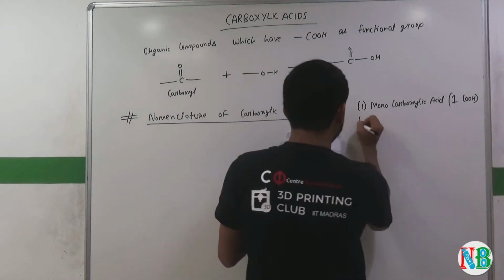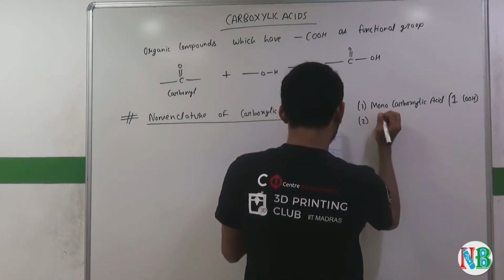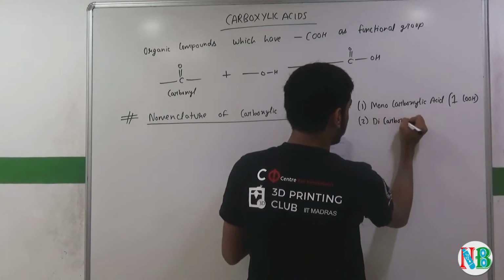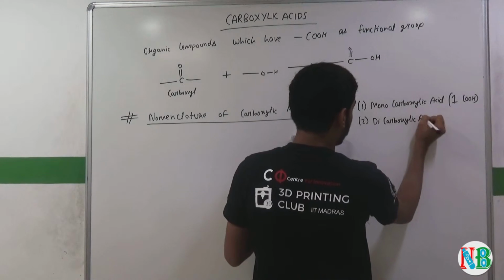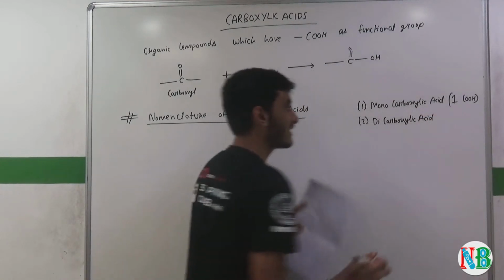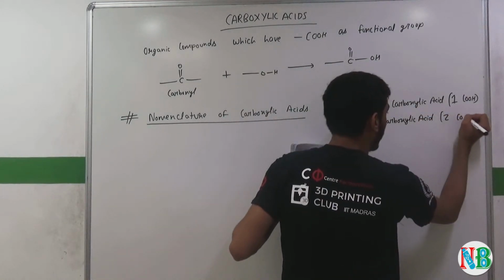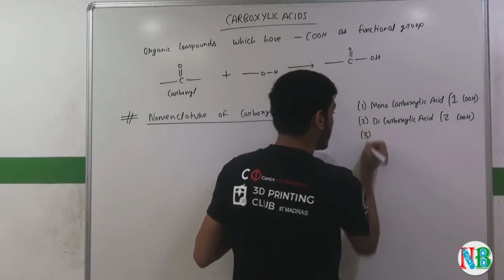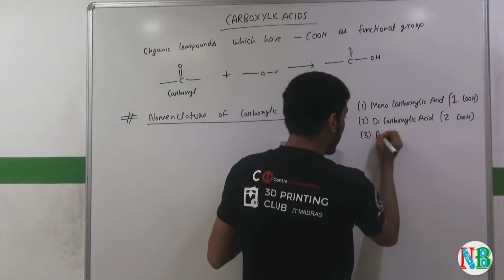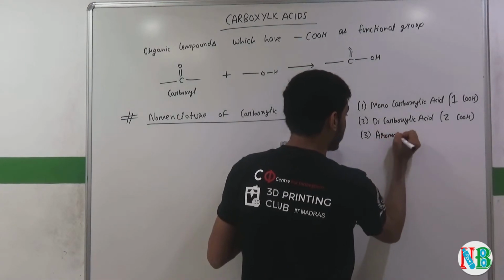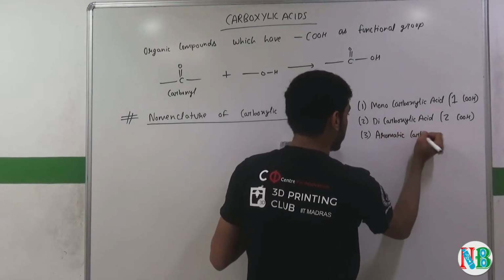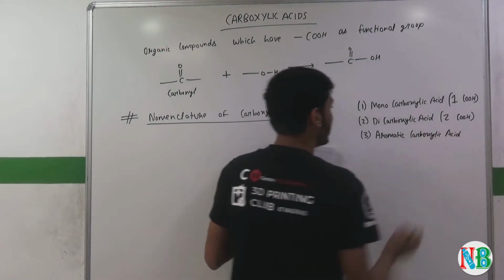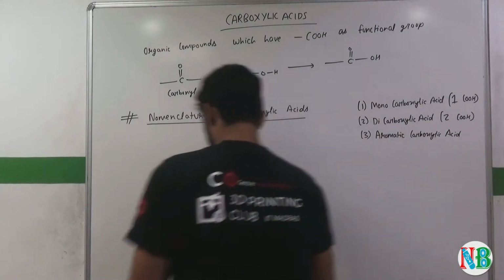There might be acids having two COOH groups, and we will also learn about how to name some of the aromatic acids. So they have a ring.